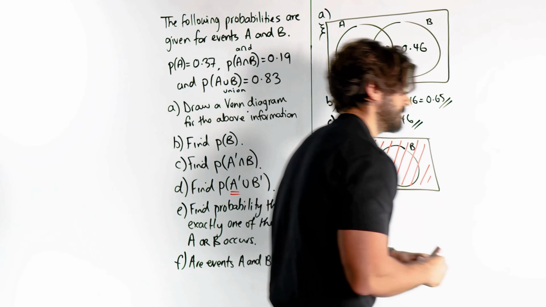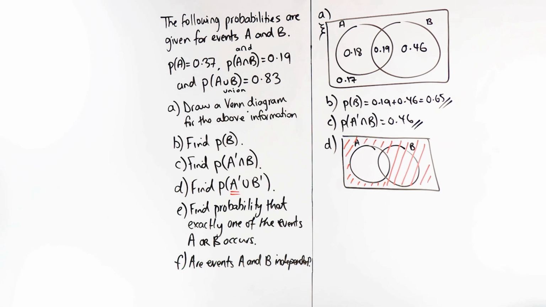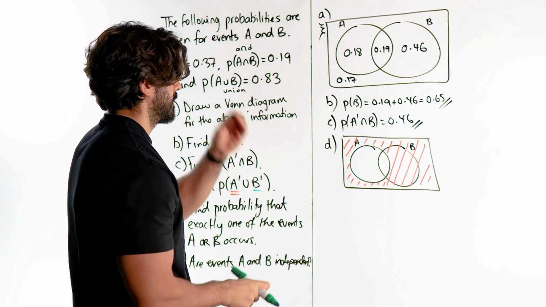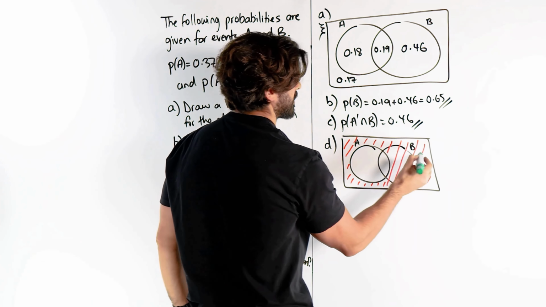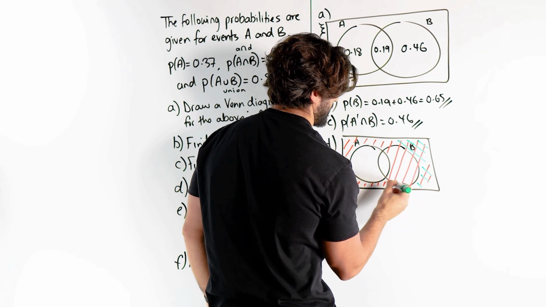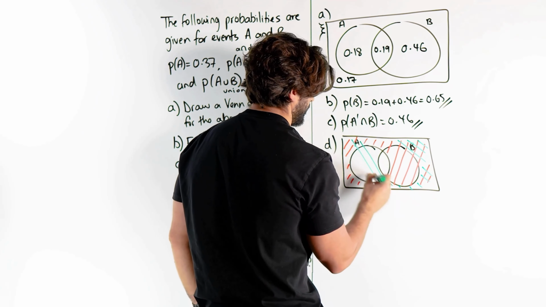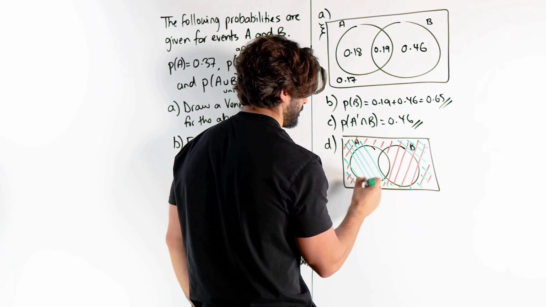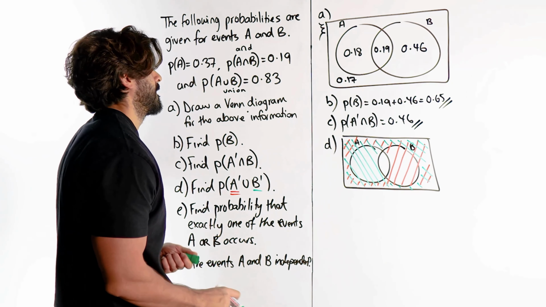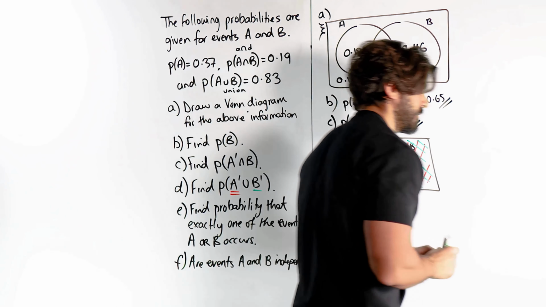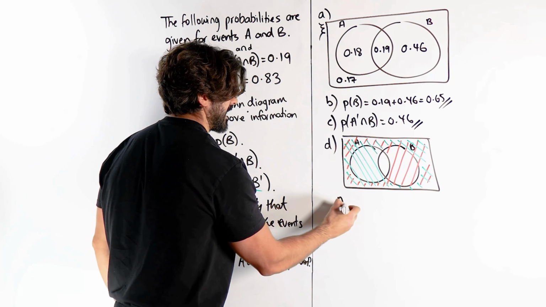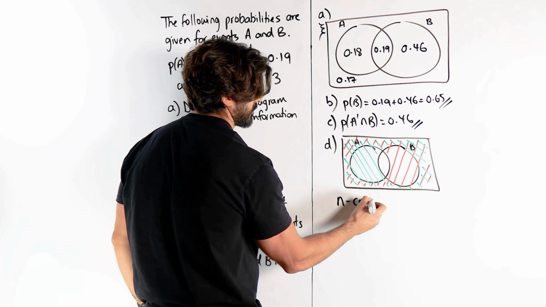Then we're going to shade in not B. So you're going to focus on the circle of B and you're going to stay on the outside of it. Now, if you see an AND statement, you're looking for the crossover.